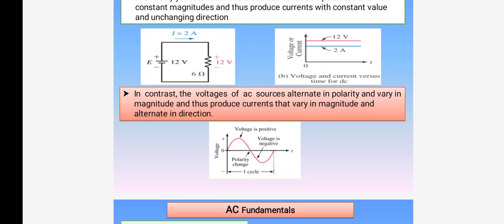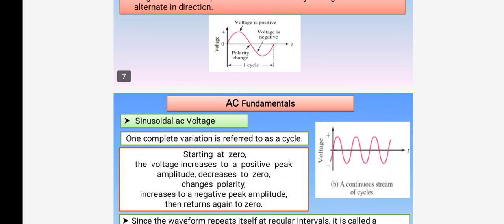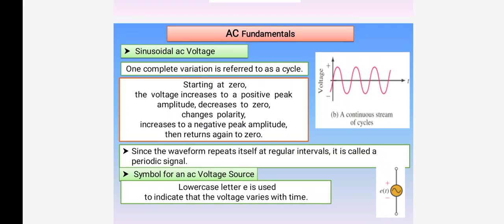This is considered one cycle, consisting of one positive half cycle and one negative half cycle. If it continues, it is generally called an AC signal, a sinusoidal waveform. One complete variation is referred to as a cycle.